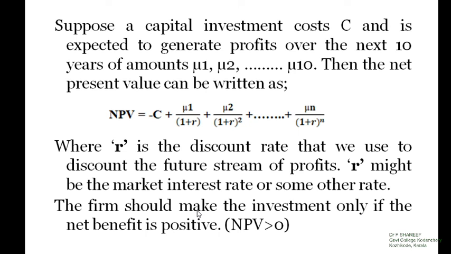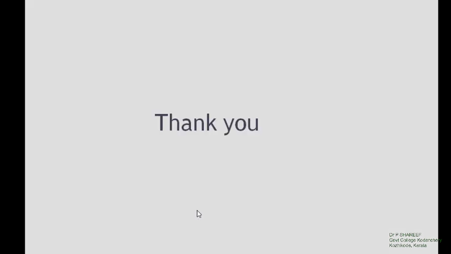C represents the costs. And the small letter R represents the discount rate. The firm should make investment only if the net benefit is positive, that is NPV greater than 0.